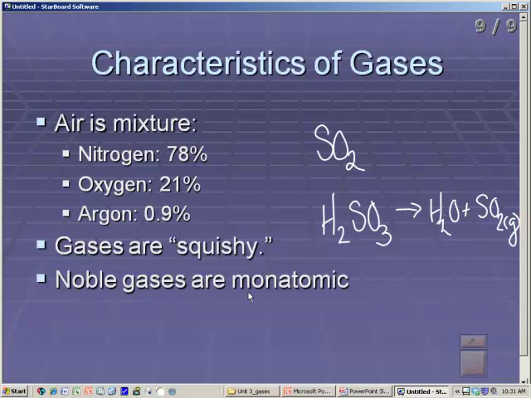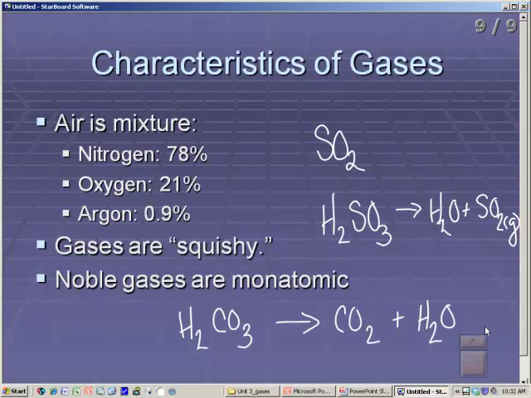Another of the popular ones would be, do you remember what the other one was that decomposes into CO2 and H2O? Do you remember what that was? If you ever form H2CO3 as a product, you need to remember that naturally decomposes into CO2 and H2O.